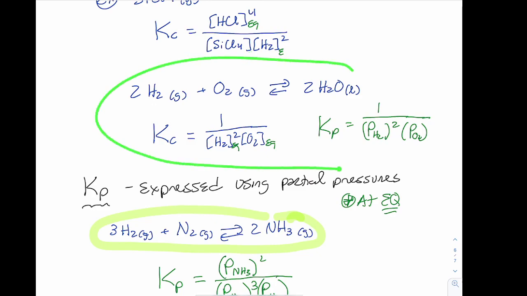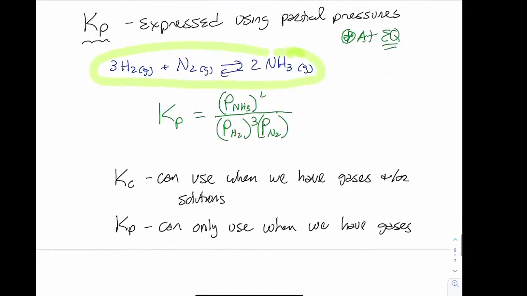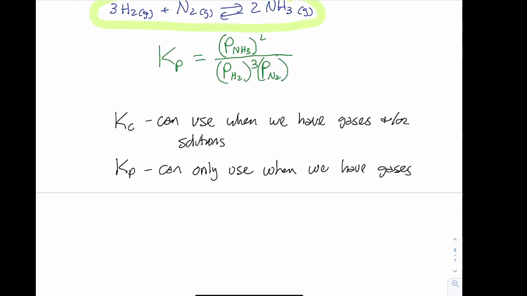We had a liquid. The liquid is not part of my expression. So if you wanted to add a clarifier, Kp can only be used when gases are the only things that are part of the expression. Again, we're really always just going to be ignoring solids and pure liquids.